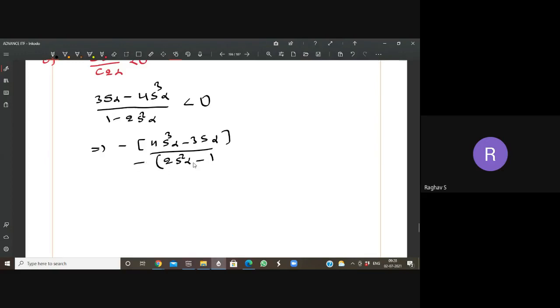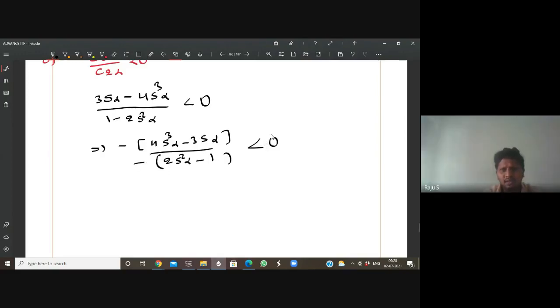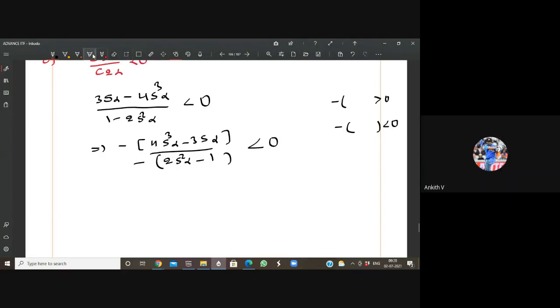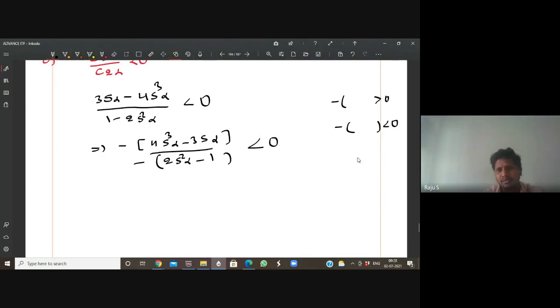If you take minus common only in the numerator, then lesser than 0 becomes greater than 0. But if I take minus common in the denominator again, it is lesser than again, because multiplying inequalities by negative numbers reverses them. Exactly, because 2 is lesser than 3 means minus 2 is greater than minus 3. So anyhow, we get the same sign again.